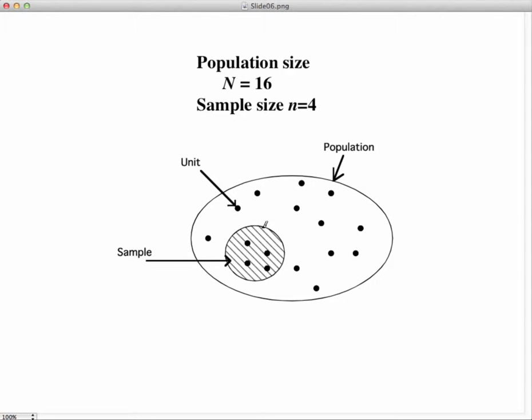It just happens to be the yolk that we took it from. The loop is to indicate that that's the sample. So notice that each of the units are these pepper flakes, or these black dots here. The population is all 16 of them. My random sample I selected from there is 4.